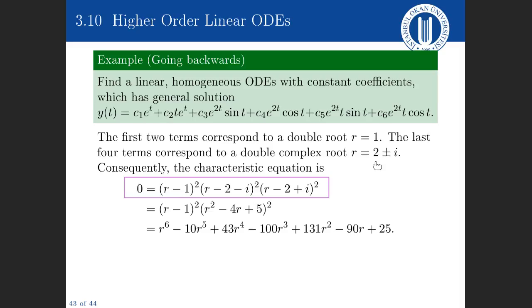And then we have 2 plus i and 2 minus i. For 2 plus i, we would have the part r minus 2 minus i. And because it's repeated, squared. And 2 minus i, that gives us the bracket r minus 2 plus i, because minus minus is plus. And again, because it's a repeated root, this is squared.